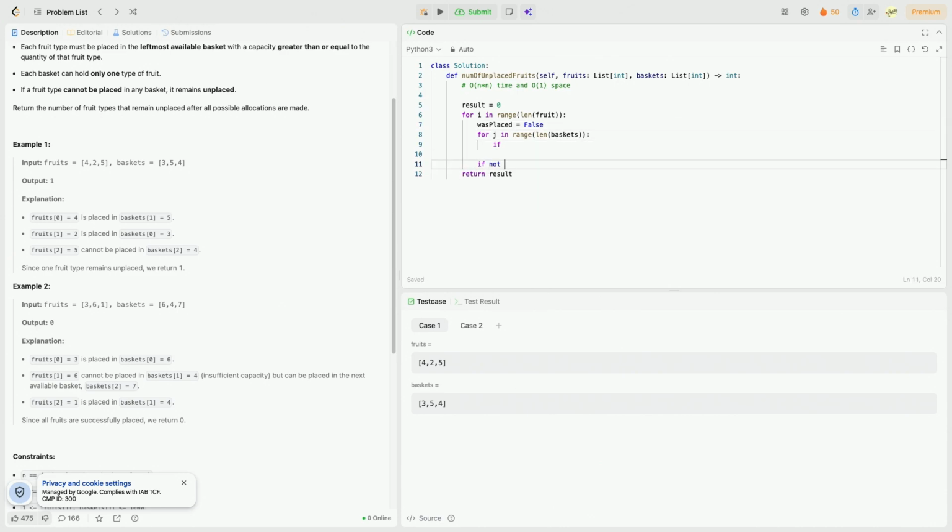And if it was not placed, we add 1 to it.